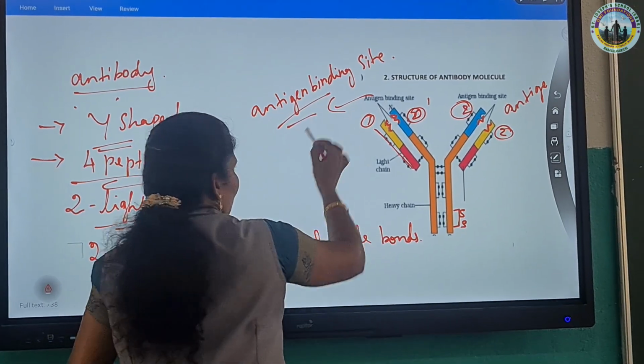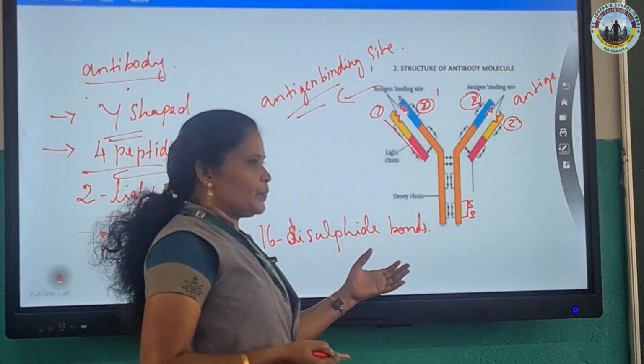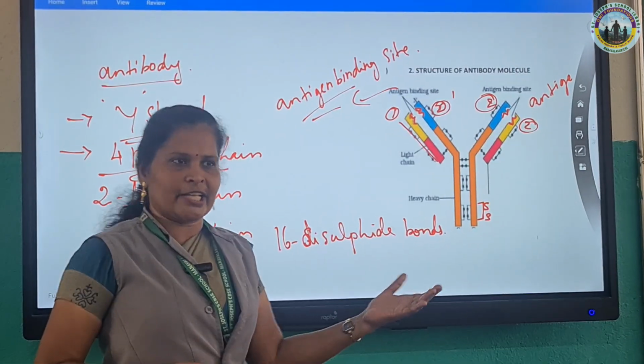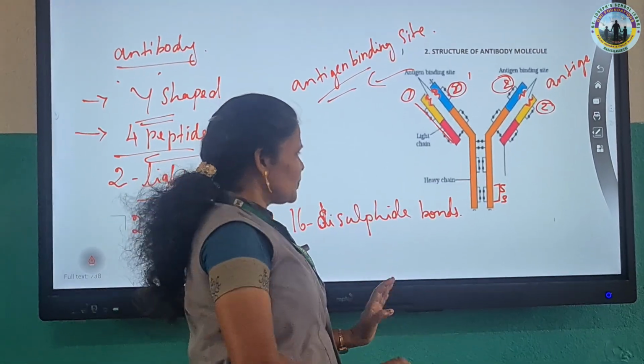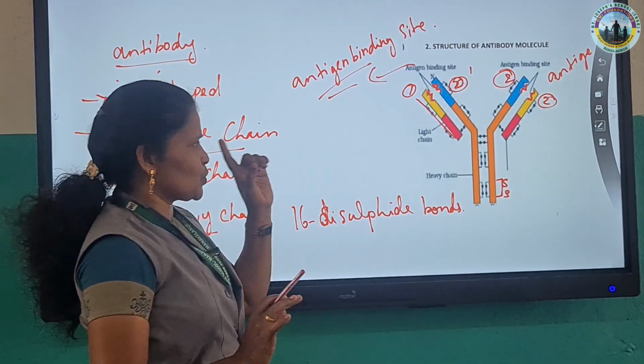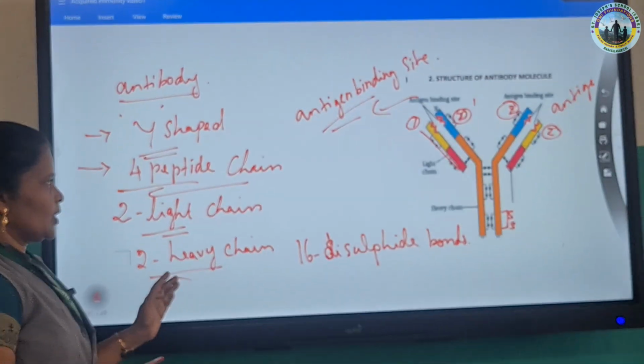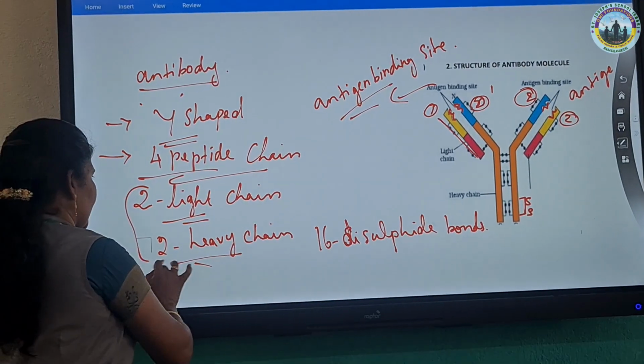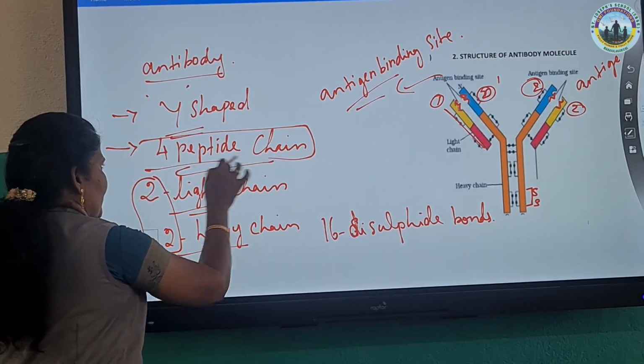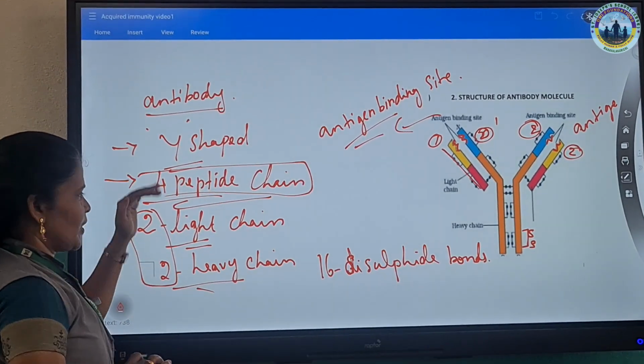Children, listen, this diagram is very important. For a case-based question, you can expect this question. There are 2 heavy chains and 2 light chains, so totally 4 chains are there. That's why it is called 4 peptide chains. Then the Y-shaped structure.